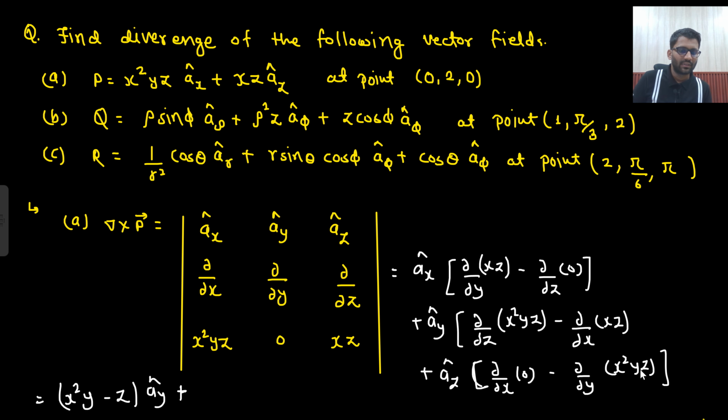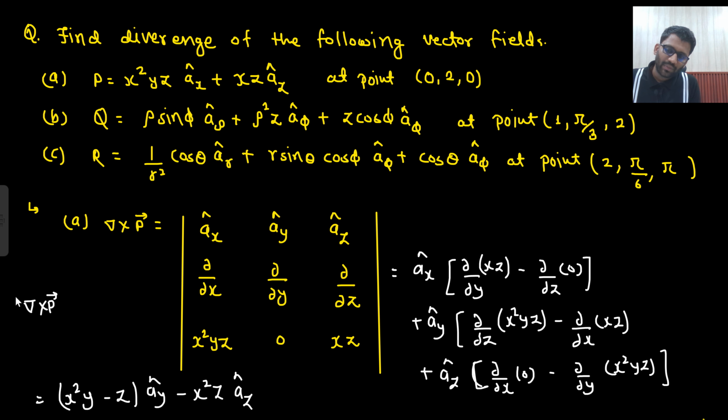What about this? x square z. So here minus x square z az cap. Let me check the answer. I hope there is no calculation error. No calculation error. So this is the del cross p we are getting.